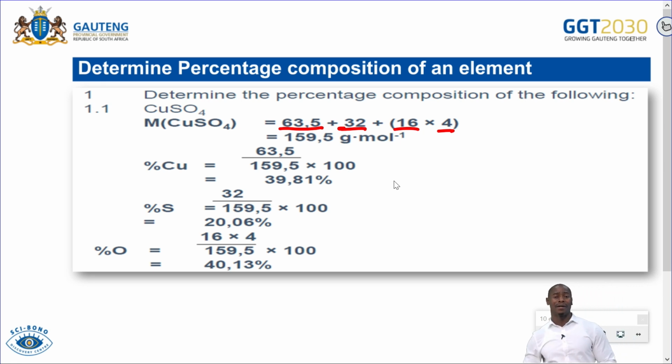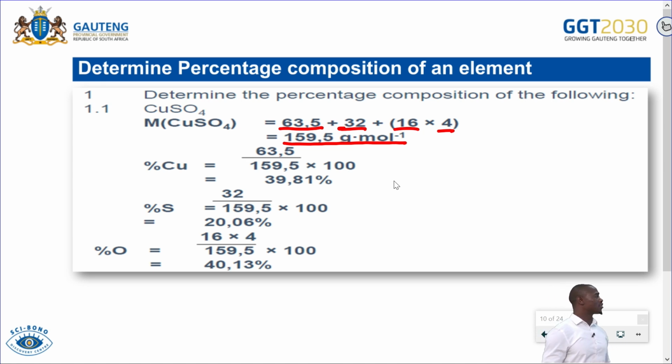Why are we multiplying by 4? Because there are 4 oxygen atoms present in 1 molecule of copper sulfate. The molar mass of copper sulfate is 159.5 grams per mole.